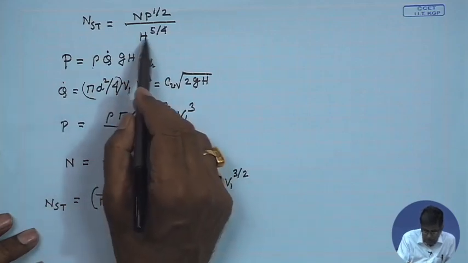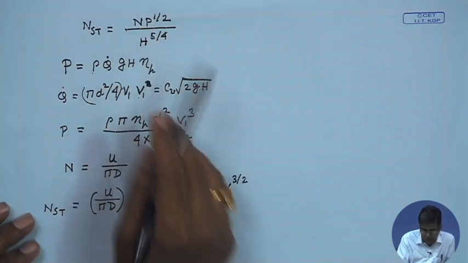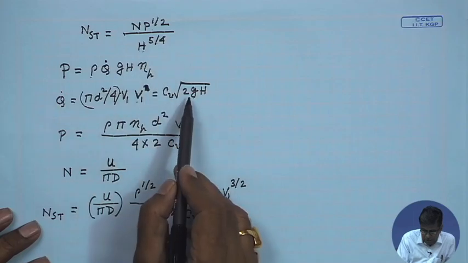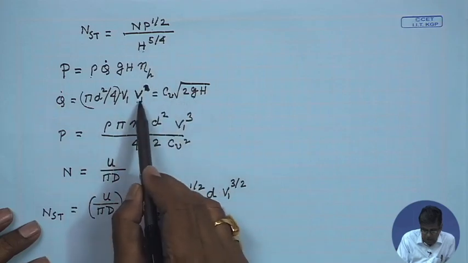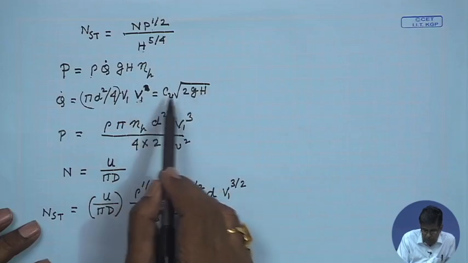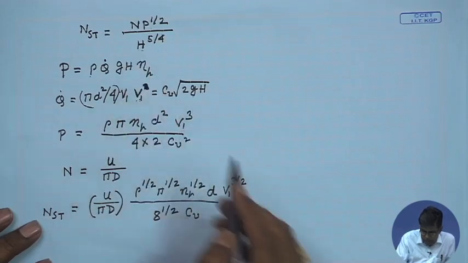Then H to the power 5 by 4, this is the numerator, n P to the power half for the specific speed. The denominator is H to the power 5 by 4, we replace H in terms of V1 again. GH is V1 square by 2 CV square. So, H is V1 square by 2 G CV square. So, just it is in the denominator.